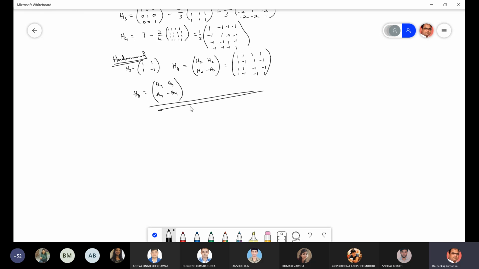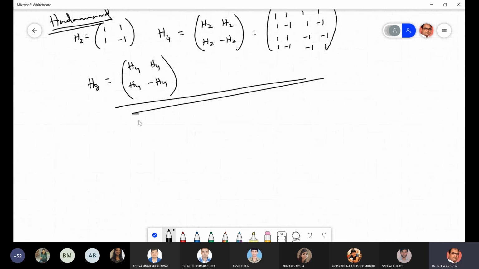Q inverse is equal to Q transpose, and Q transpose Q is equal to the identity matrix.